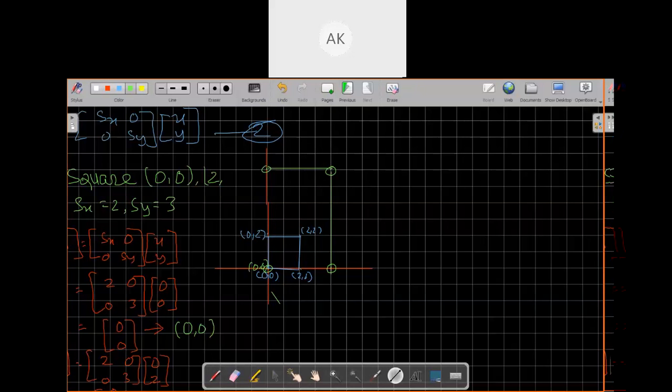1, 2, 3, 4, 6. Which is this. So let's draw this.